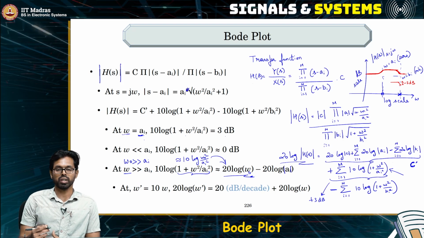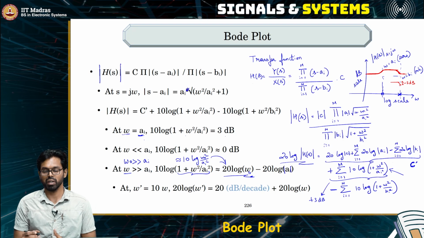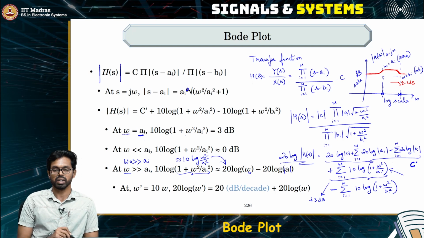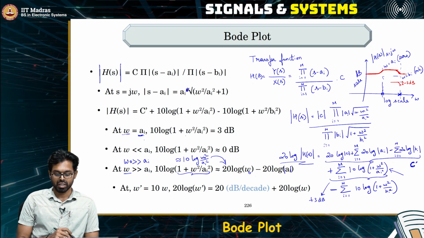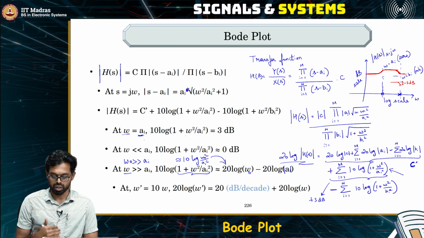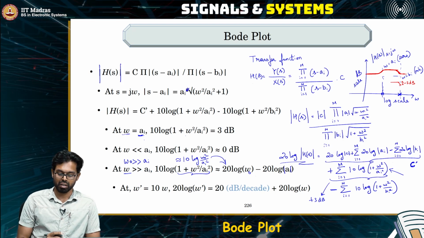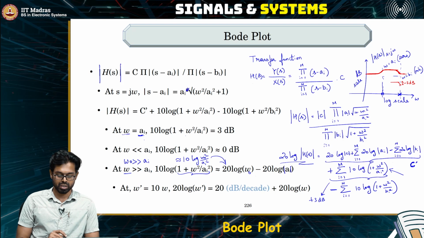Now, can we quantify this in a fashion where we can make it independent of the frequency? What we are trying to understand is, can we say by how much this transfer function's magnitude will fall down or will increase beyond the point where we hit the pole or zero.